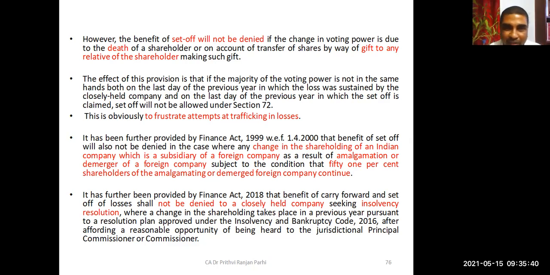That means one will be able to set off. That is one exception: death. The second situation is if shares are transferred as a gift to any relative of the shareholder, let us say the husband has transferred the shares to the wife. Husband and wife are relatives. In that case, and that too by way of gift, even if the shareholders are not the same, the loss can still be carried forward.